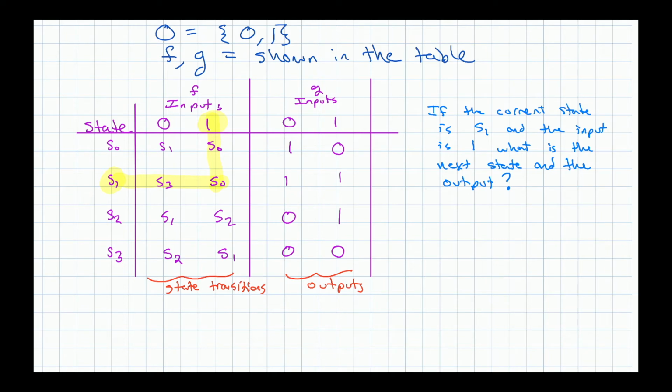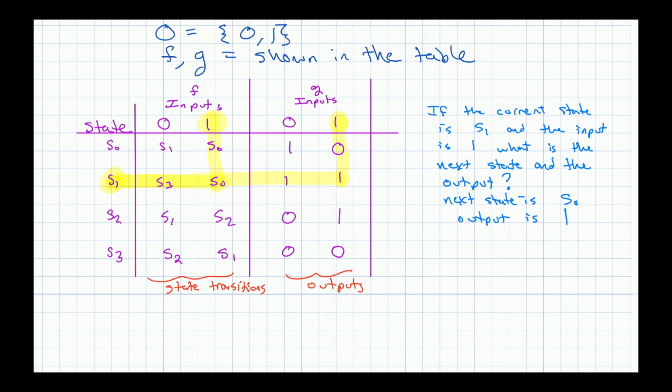So next state is S0, and then the output is, well, same thing, right? So we still have the S1 and the 1, so we'd be down here. So it looks like the output's going to be 1 as well.